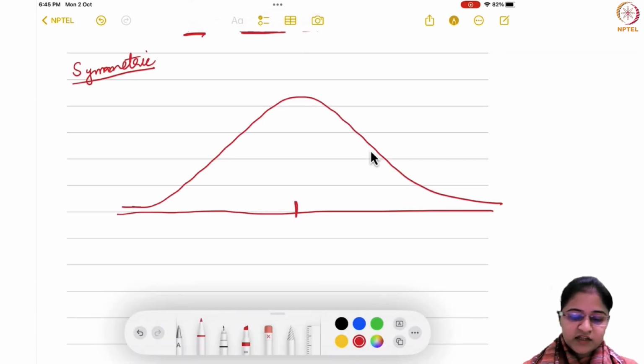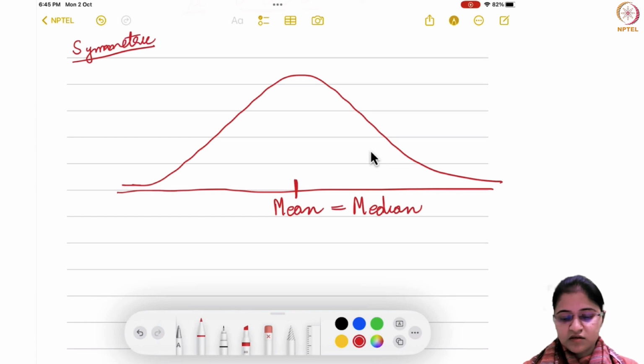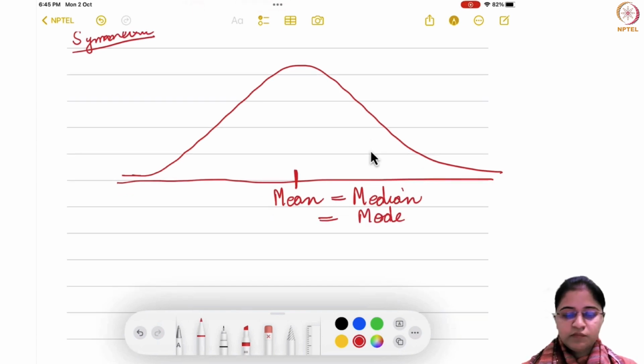It means that in this case, your mean will be the same as the median, which will be the same as the mode, because mean is the center of the data. The median is going to divide the data into two halves, so that is why it would be in the center at that same position.